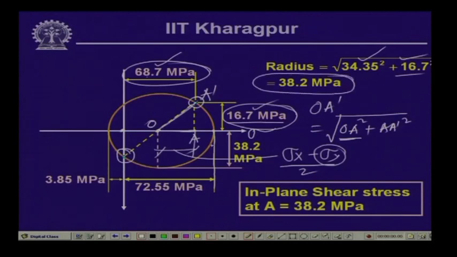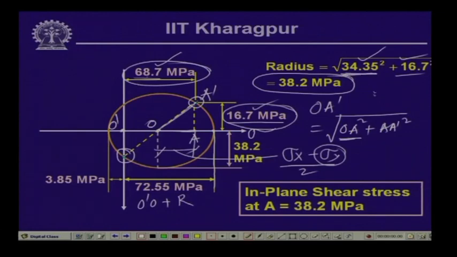Now, when we like to compute the value of this particular stress sigma 1, if we call this O dashed, sigma 1 will be equal to O dashed O plus the radius r, and O dashed O as you know is 68.7 divided by 2, which is 34.35.